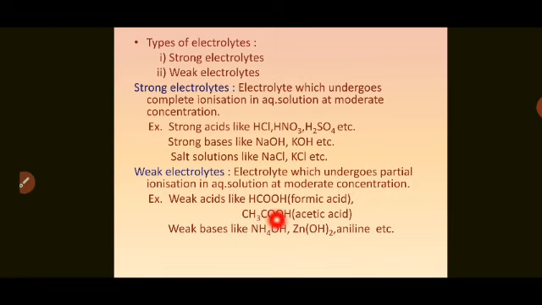Weak bases like NH4OH, or zinc hydroxide, aniline, etc. NH4OH means ammonium hydroxide. Here you can give many more examples also, but it is better to remember the easy examples. So here we have completed the electrolytes part.